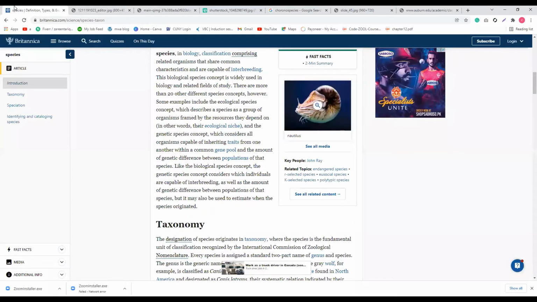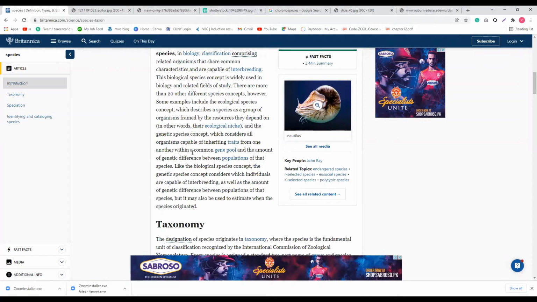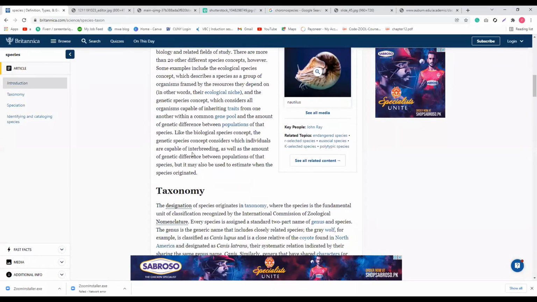As an example of ecological niche, I cannot say that a rabbit and a tiger are the same species, since their ecological niche, their resources, their pattern of living, and all these things are quite different from each other. So these are the basic concepts.